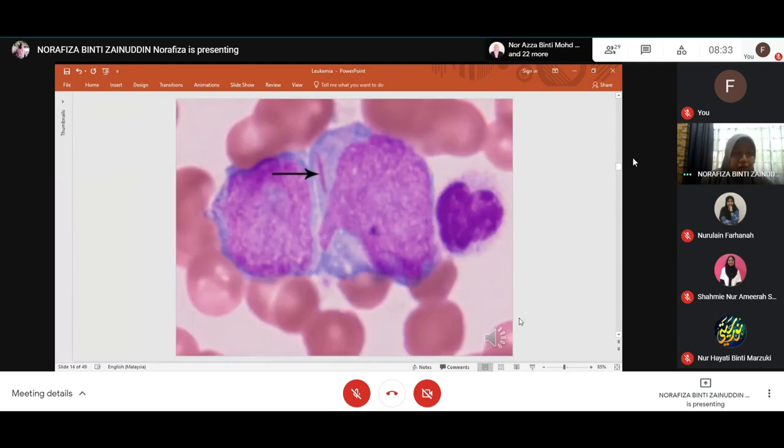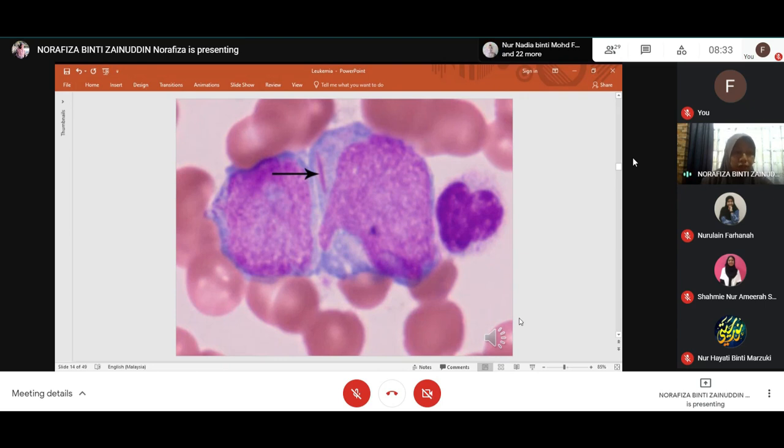Oh, sorry. So these are the Auer rods that I mentioned just now. The myeloblast can contain these long rods, what you call Auer rods. This is actually abnormal condensation of cytoplasmic granules, usually presented in AML, and it confirms the myeloid nature of the blast.